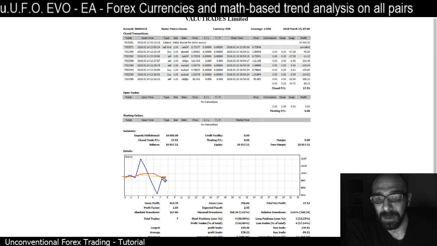So you basically made this, okay? So you had some losing positions, some winning positions, and the result was equal to 0, right? It was equal to 0.